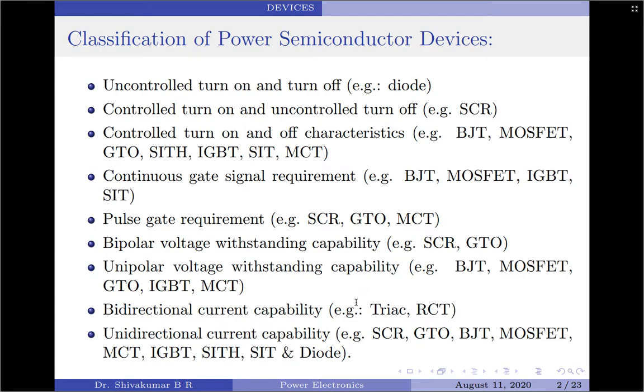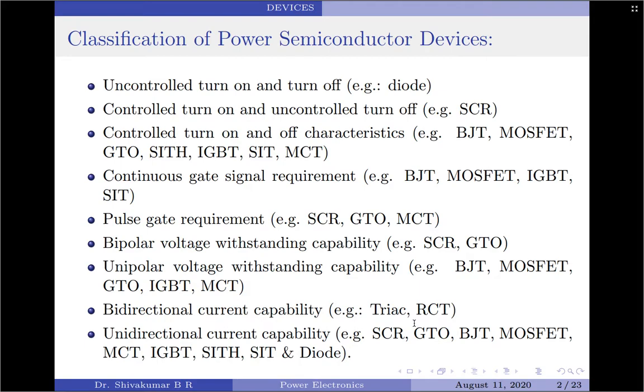A triac would be a very illustrative method of understanding an SCR. That means you simply connect two SCRs back to back, with the gate terminals connected as one single gate terminal, to create a triac.